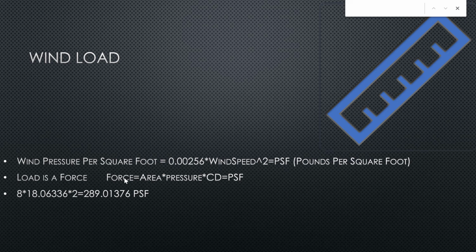Engineers have worked out standard CD values for different shapes, for example, a flat surface, which has a CD value of 2.0, a pure number with no units. So, with the pressure and drag data we found, we can find the wind load using this formula here.